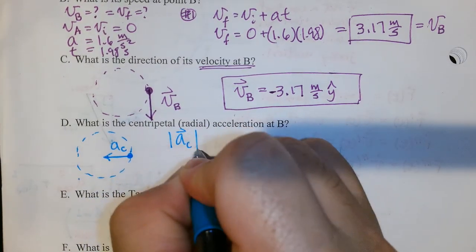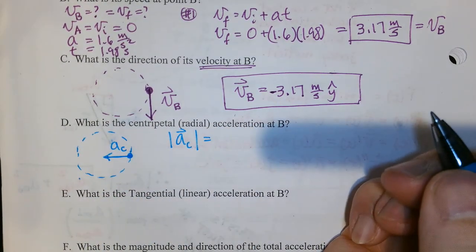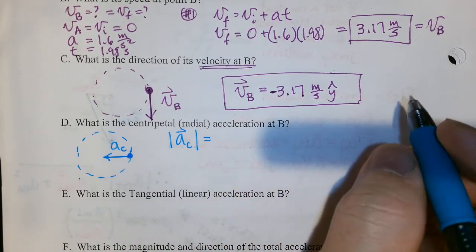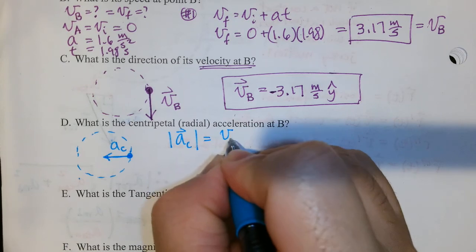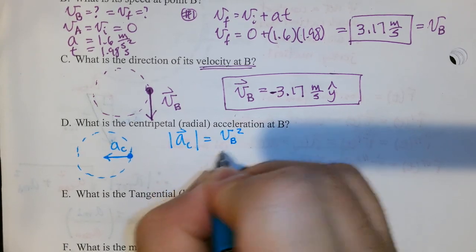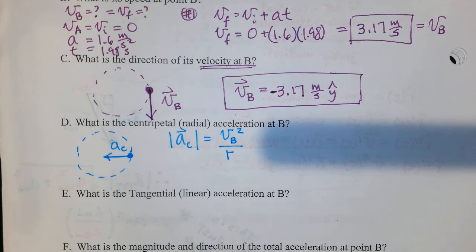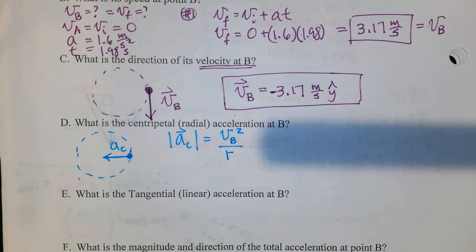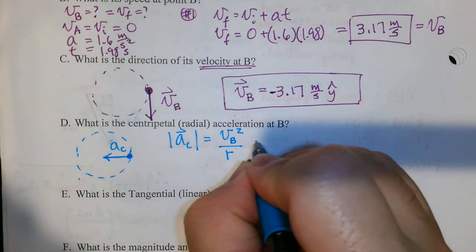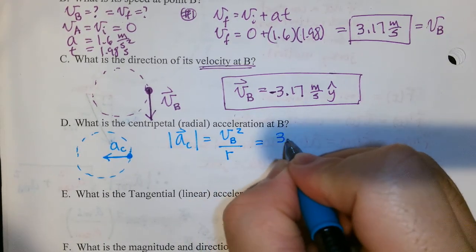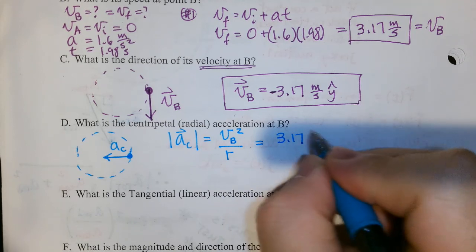The magnitude of A_c at B is v at B squared divided by R. V at B is 3.17 meters per second.